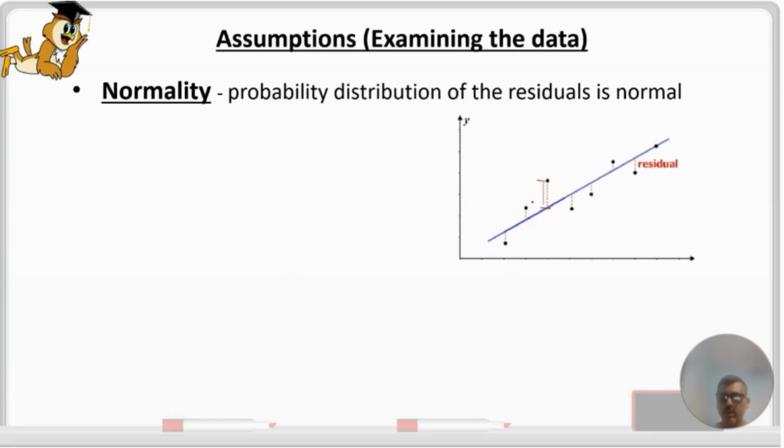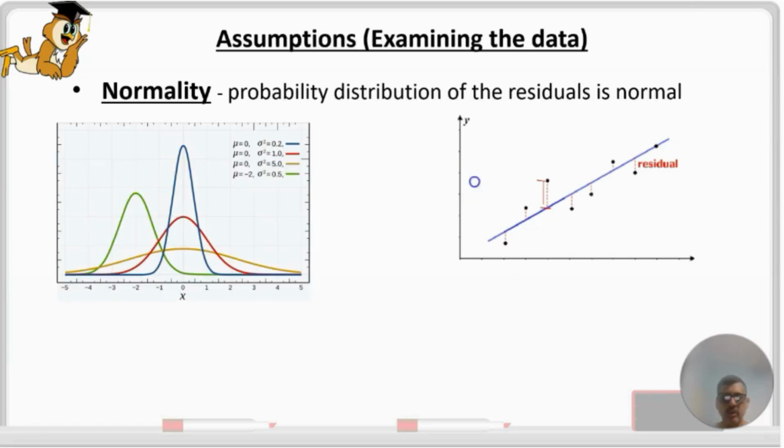Now, normal not in the colloquial sense, but assuming you have heard of something called the normal distribution, this is what it looks like. The equation is 1 over square root of 2 pi sigma square, e to the power minus x minus mu square upon 2 sigma square. Here mu is the mean and sigma is the standard deviation. This is what a normal distribution looks like.